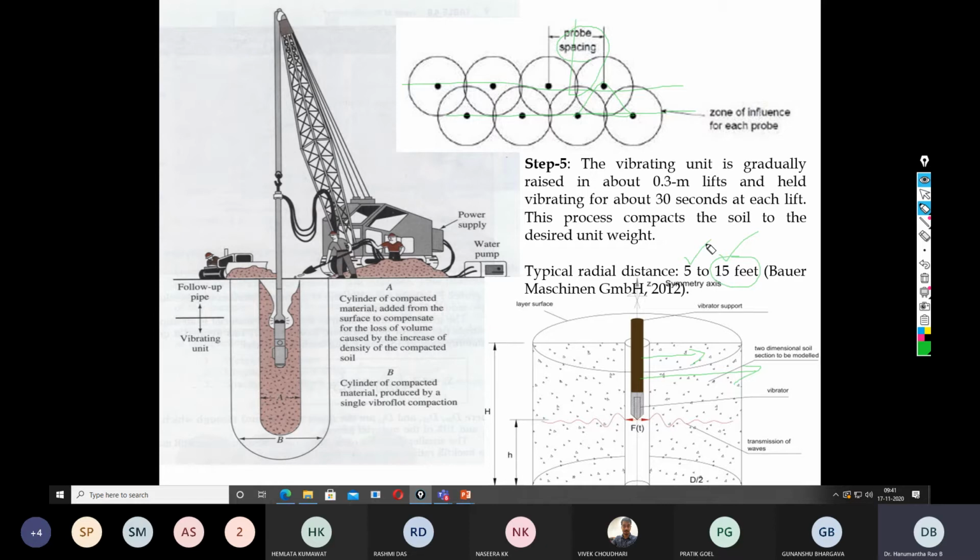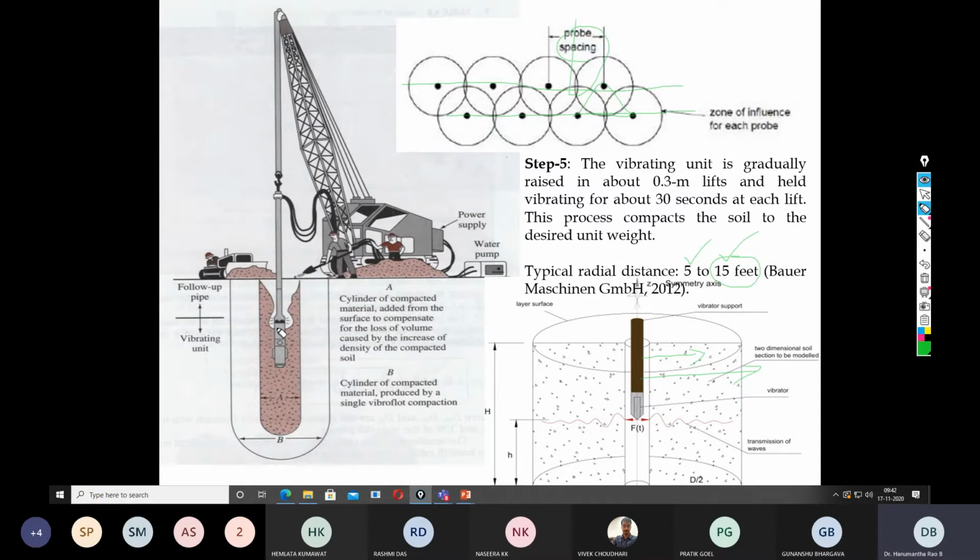Then how do you improve the soil throughout the borehole length? What we normally do is first drive the vibroprobe up to the desired depth, say 30 meters or 40 meters or 70 meters, whatever is the desired depth. Then we start densifying the soil from the bottom to the top.